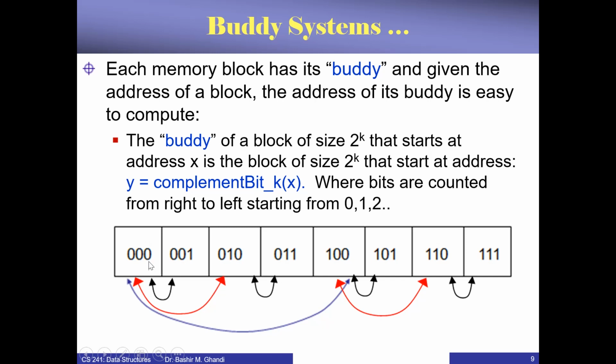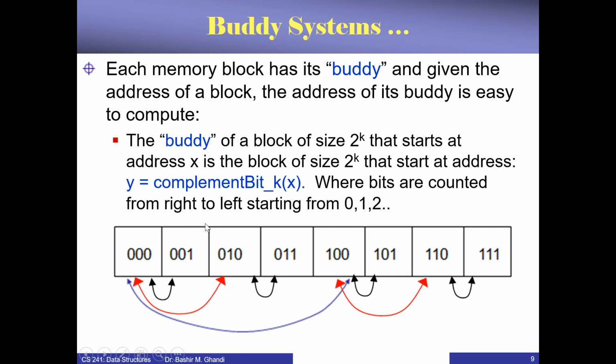Counting from 0, 0, 1, this is the middle bit that we need to complement. So you're going to get 010. Essentially what you are saying is the body is this one. Another 2 bytes with this address is the body of these 2 bytes. This is what is being shown in the red arrow here.